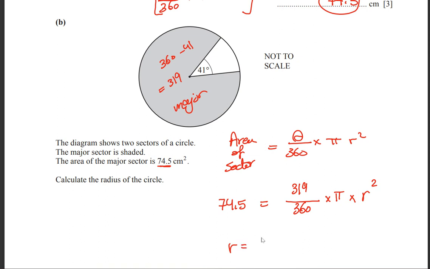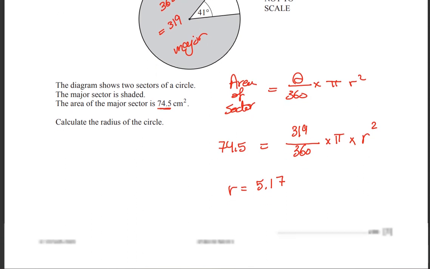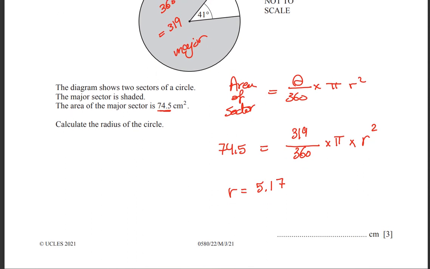It will be 5.17. And you know what? Taking the square root, because r is squared, it will give me positive and negative value as we said. But because it is a dimension here, radius, I will take only the positive value. So 5.17.